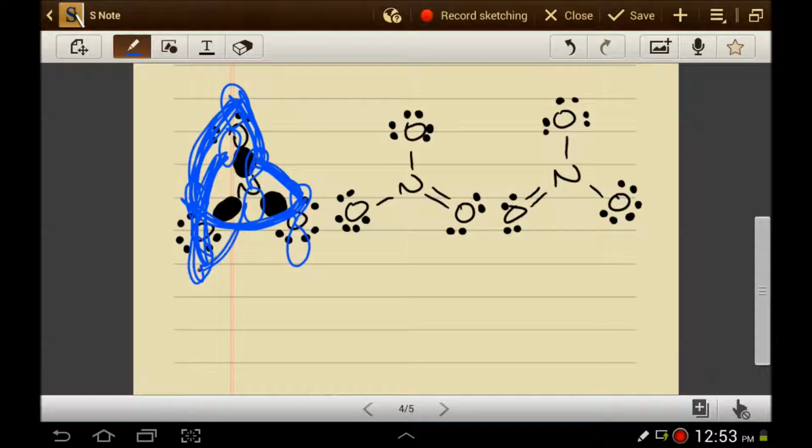So there's an overlap here of these p orbitals. They're all overlapping and creating that pi bond that's being equally shared between the nitrogen and all three oxygens at the same time. So it ends up being about a bond and a third of a bond because that extra pair of electrons is being shared around all three of those positions simultaneously.